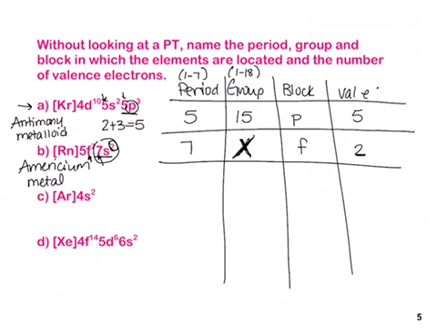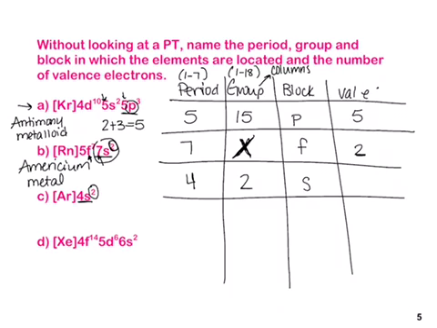Our example C, we only have the one piece after the noble gas configuration, so that 4 tells us it's in the 4th period. And then when we count the S block, it's in that 2nd column, so that means it's in group 2. So remember, groups are also the columns.